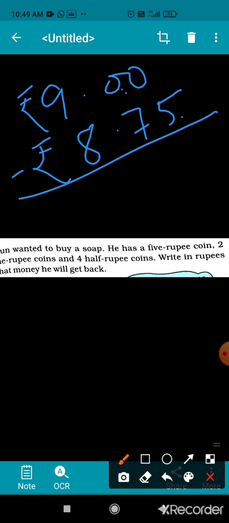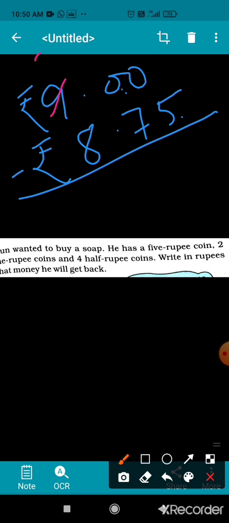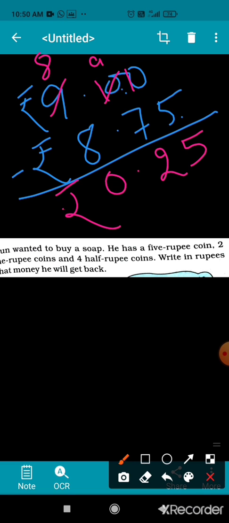So it will borrow from the next digit. Okay. So here it will be 8. Here it will be 10. And this 10 will give 1 to this, and here it will become 9. 10 minus 5, 5. 9 minus 7, 2. 8 minus 8, 0. So you can write it rupees 0.25, or you can say 25 paisa he will get back.